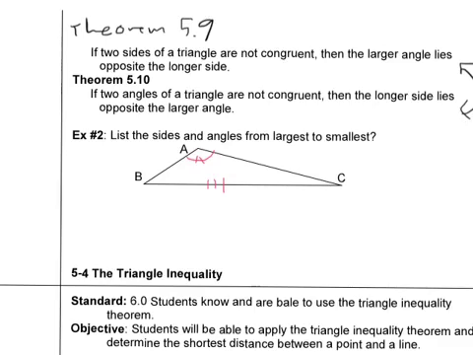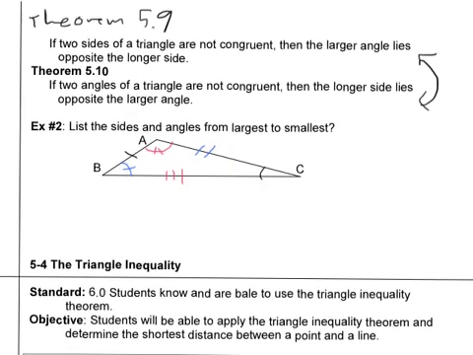So let's take that to the next side of the triangle. Side AC is obviously the second biggest side, and that would make this angle the second biggest angle. And then lastly, AB is the smallest side, so this is the smallest angle. If they wanted us to list these, we would do sides and angles, from largest to smallest.